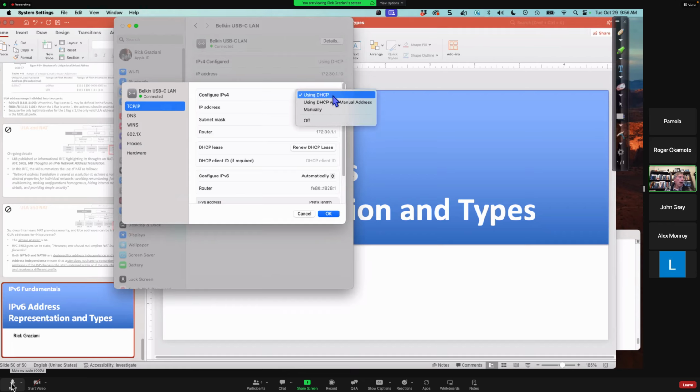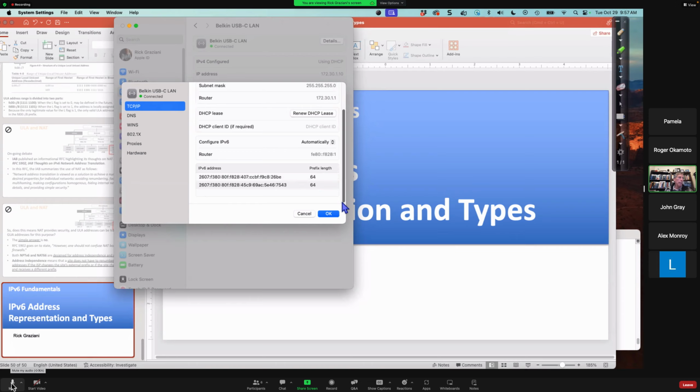In IPv4, I have the choices DHCP or manual, or I can use DHCP with a manual address. But it's DHCP or manual. Notice with IPv6, it doesn't say DHCP. It says automatically. Don't worry about this link local. I can do manually or automatically.